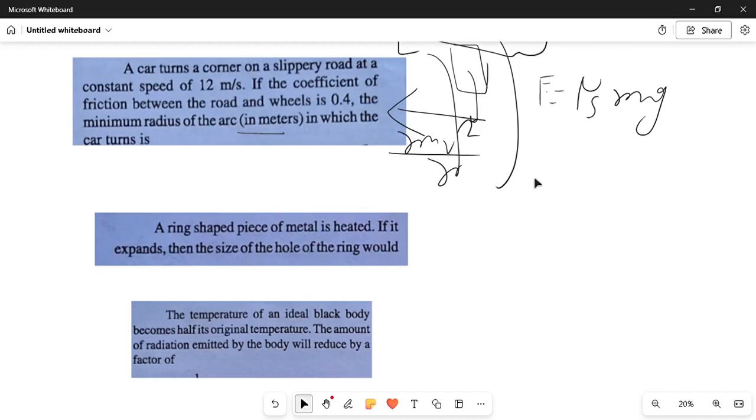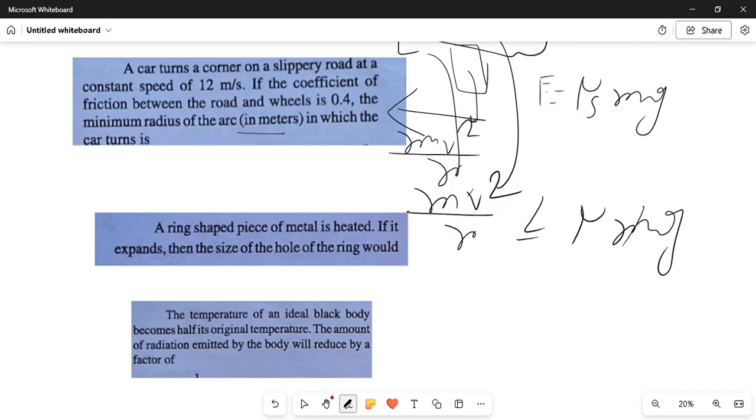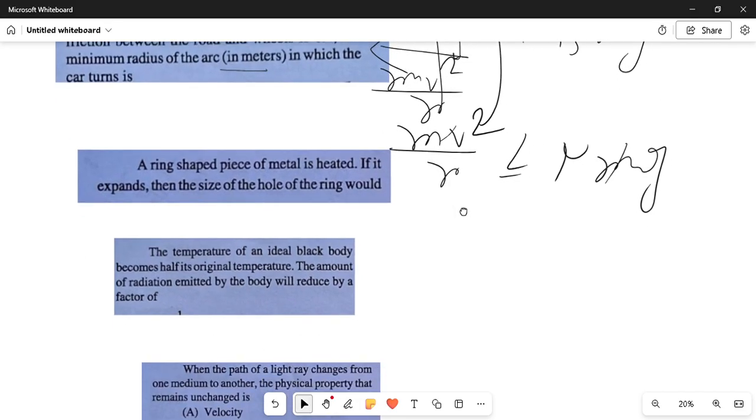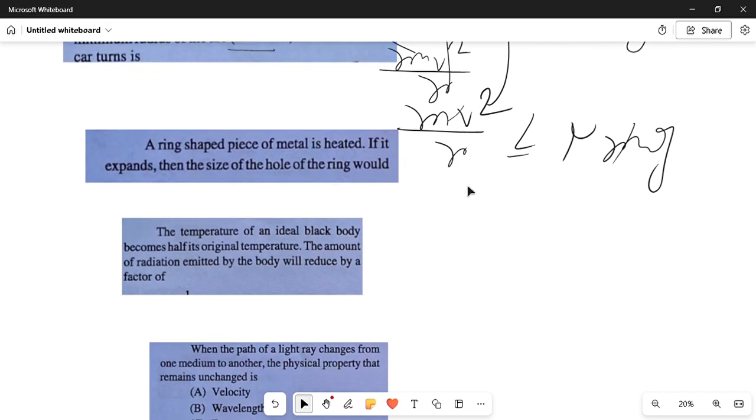So mv square by r is less than or equal to mu mg, and m cancels out. We have to find the minimum radius, so r equals v square by mu g.